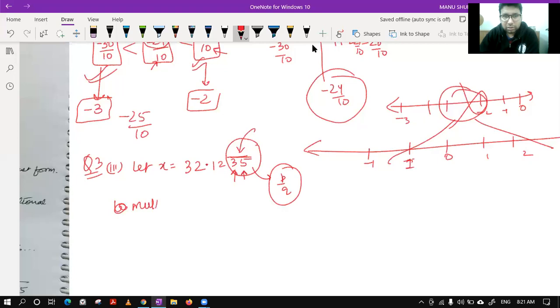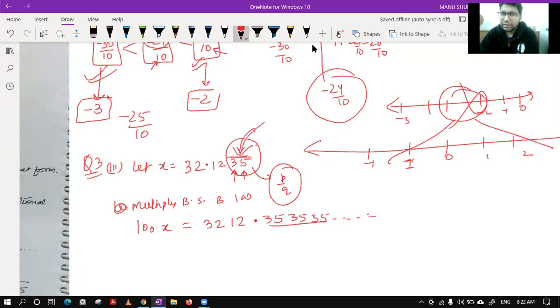So let's multiply both sides by 100. So what we get is 100x is equal to 3212.353535. Just for information, I have written it 3 times because it gives you a clearer picture.